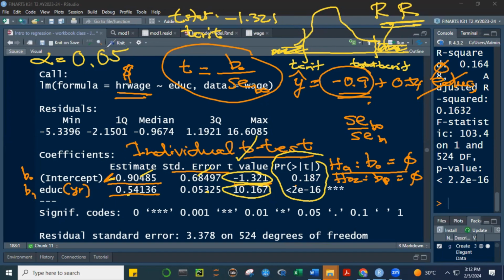Okay? So, class, pag ang level of significance natin is 5%, ilang percent to? Ilang percent to? 5% level of significance. Ilang percent to, class? Anyone?